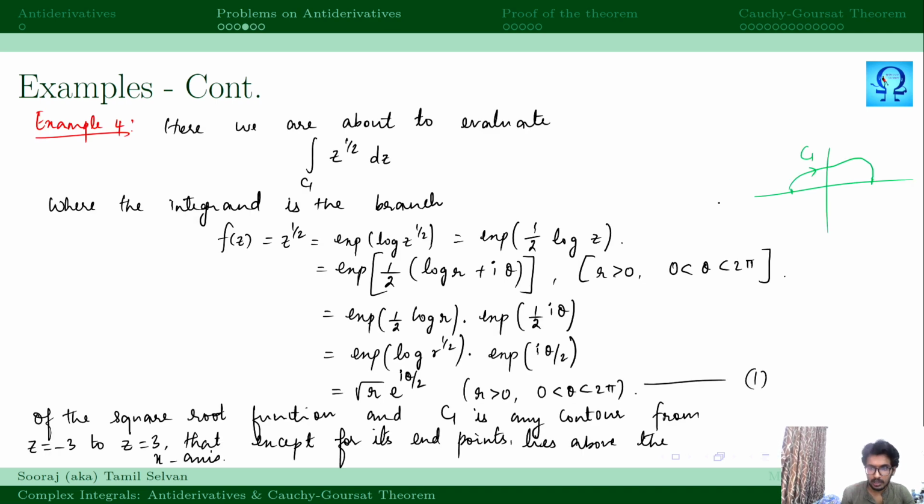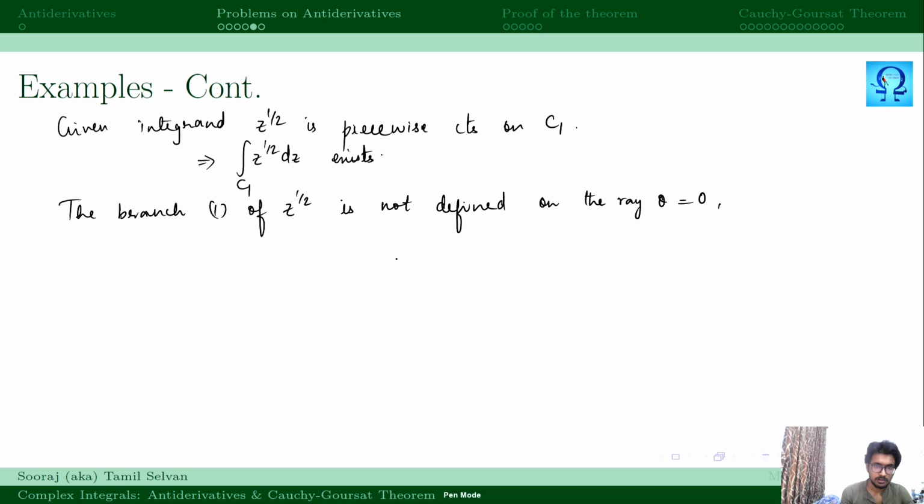If you consider the point theta equals 0, this is the point 3 and this is minus 3. Theta equals 0 means at this point the function is not defined. Yes, we know that for sure, right? So that is what is written here. In particular, we shall say at the point z equals 3.